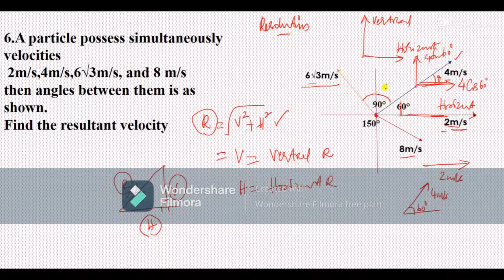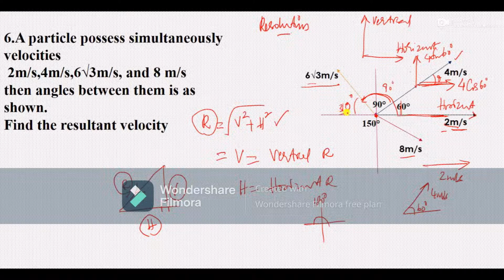Similarly, the 6 root 3 can also be resolved in the same fashion using the angle here. So here 60 plus 90 is 150, and as this makes 180 degrees, the remaining angle will be 30 degrees, because as you know the total angle here is 180. So here is 30 degrees.